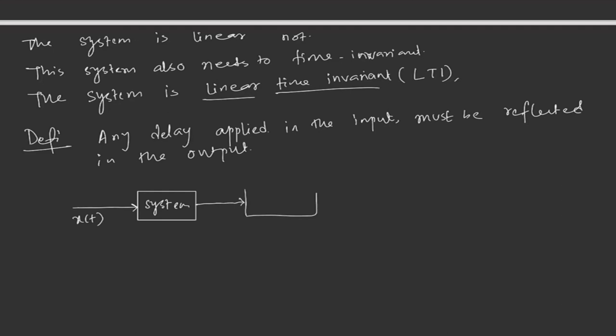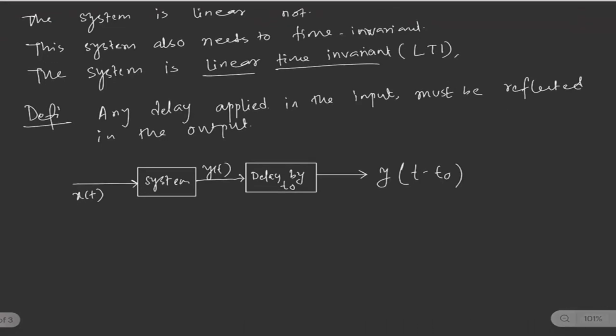Let me write, this is my y(t), the output from the system. Now, if you apply a delay t naught to this output, we can write the output as y(t minus t naught).